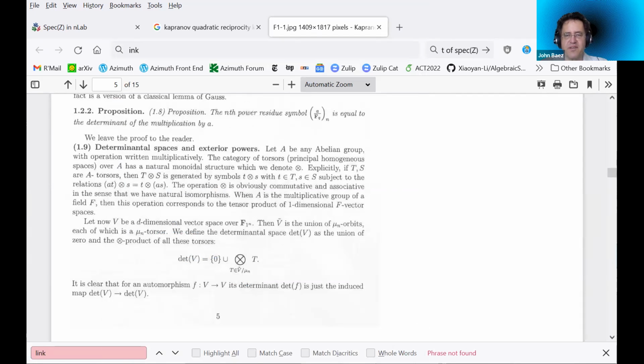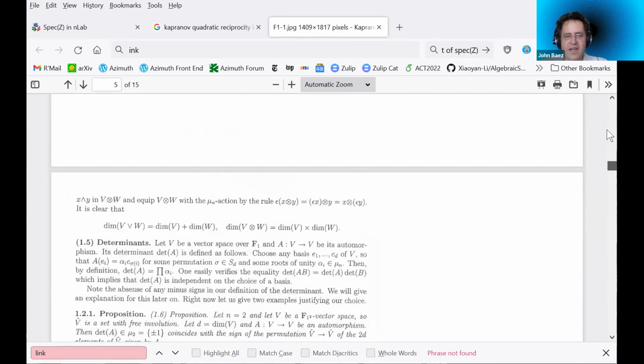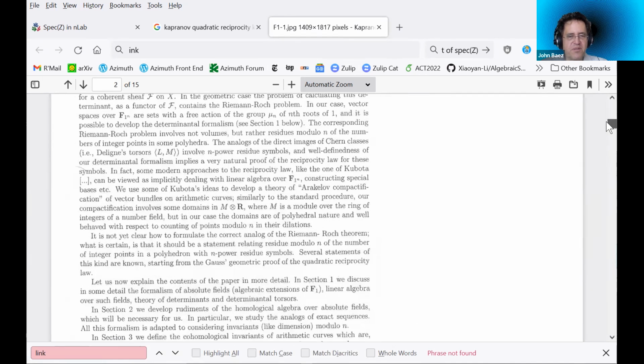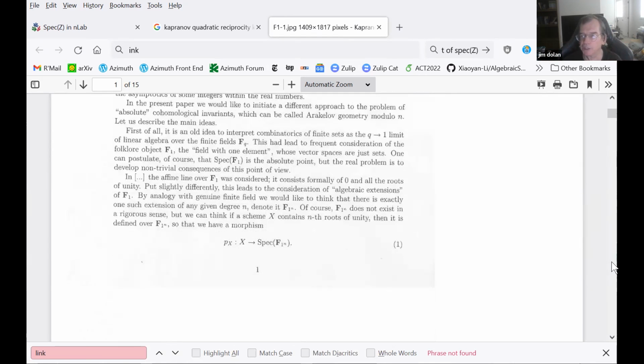Oh, here it is, here's this nth power residue symbol. Well, I won't keep scouring through this paper, but they say early on, they do say Arakelov geometry, which makes me think that the Arakelov geometry people are some of the people who talk about these analogies.